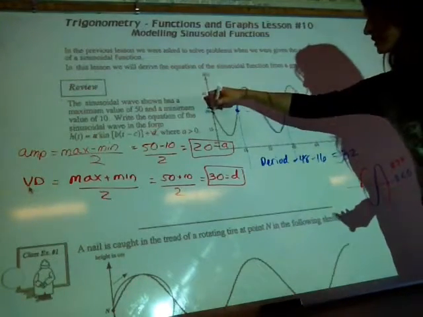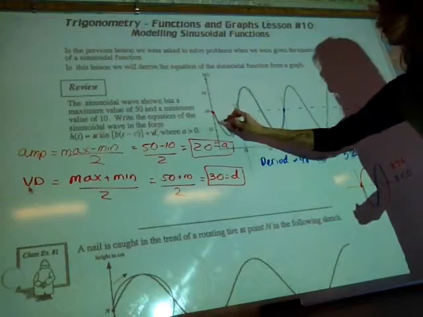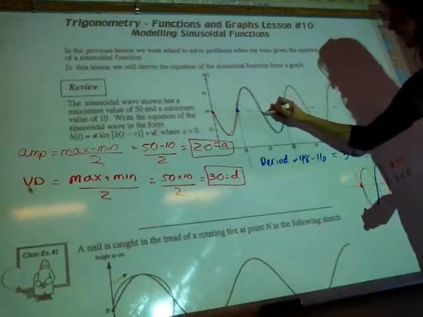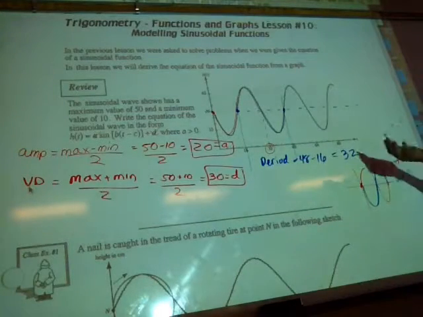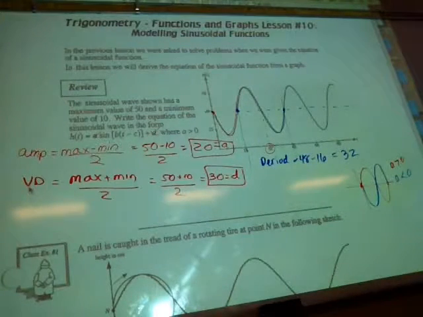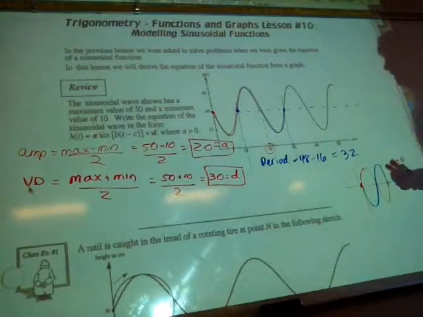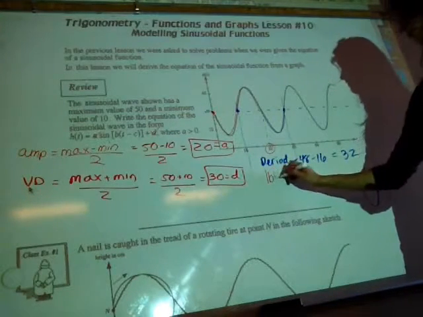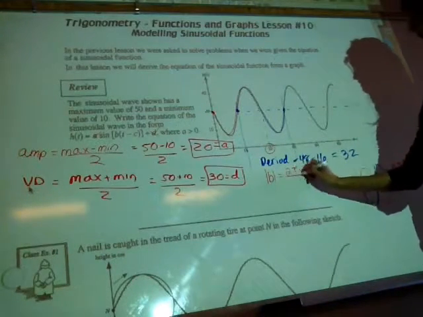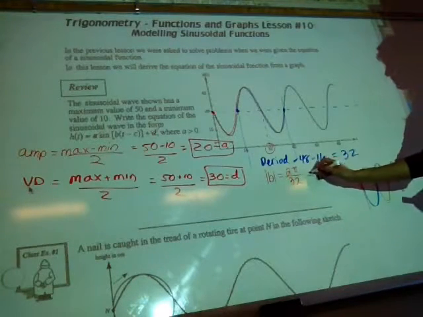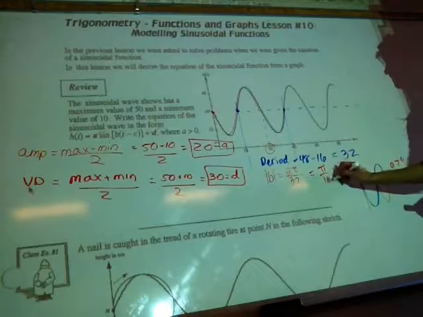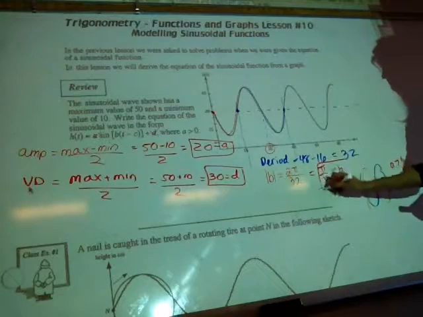The reflection starts on the y-axis. Goes down, up, down, and where's it at? 32. So that's 2 ways that you can find your period. Okay, now that we have our period, we can calculate our B value. That's going to be equal to 2 pi over the period of the graph, 32. So we get pi over 16. That's B.